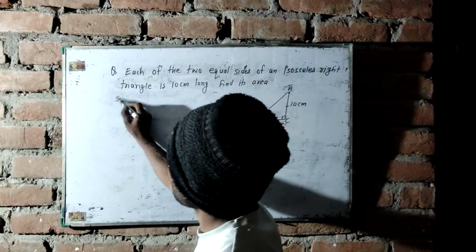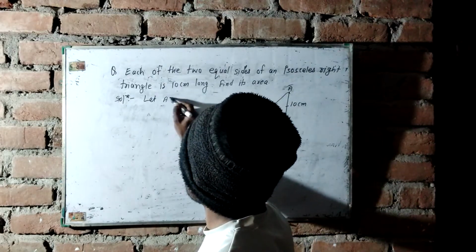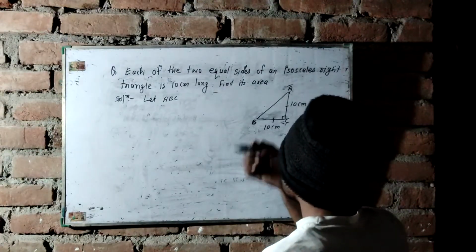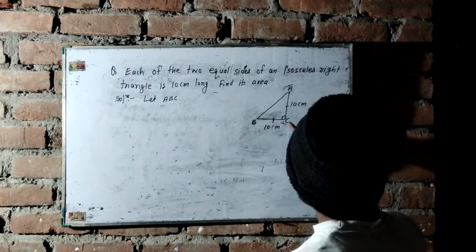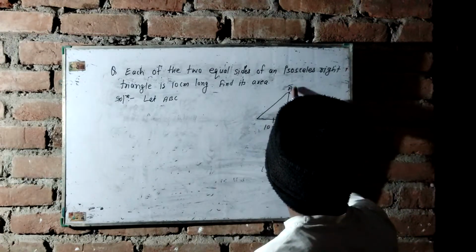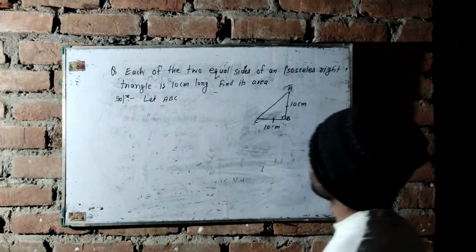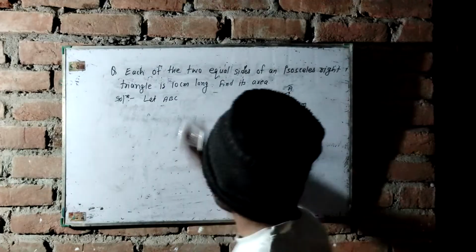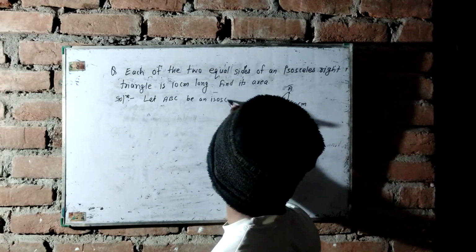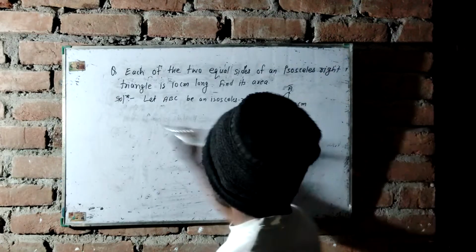Have a look, guys. Solution of this problem. Let ABC be an isosceles right triangle.